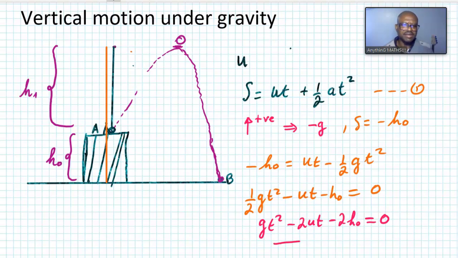Now, using any appropriate method for solving a quadratic equation, you should be able to find two values of t, and based on those values, you can work out which one is the time of flight, the total time that the particle took from point A to point B.